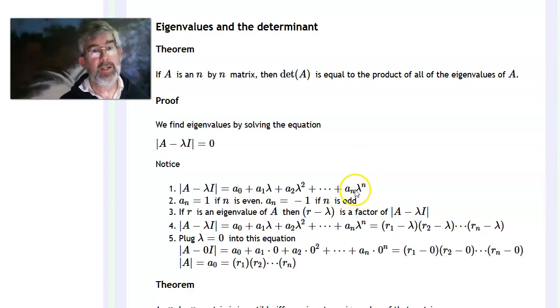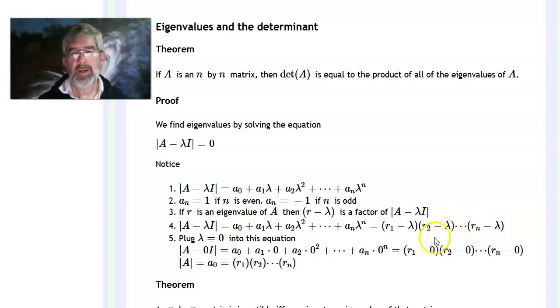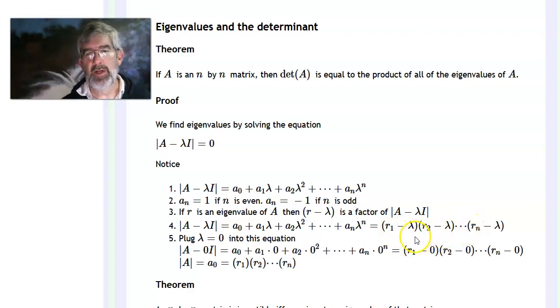But here I know it is 1 or minus 1, and so all these factors, r1 minus lambda, r2 minus lambda, for all the different eigenvalues, are factors. When you multiply this out, the coefficient of lambda to the n is going to be plus 1 if you've got an even number of negative signs, and minus 1 if you've got an odd number of negative signs in front of the lambdas. So this is how it factors, with all of those eigenvalues being the constants in each one of those factors.